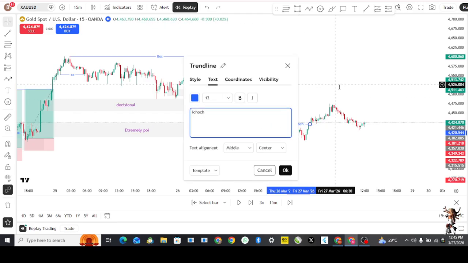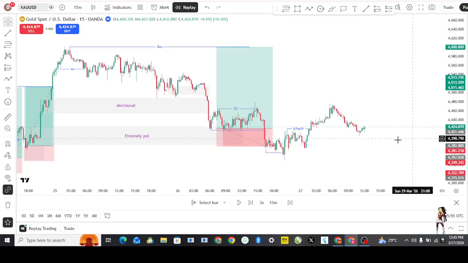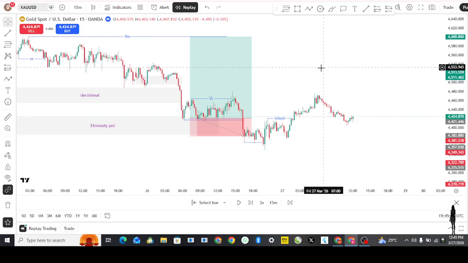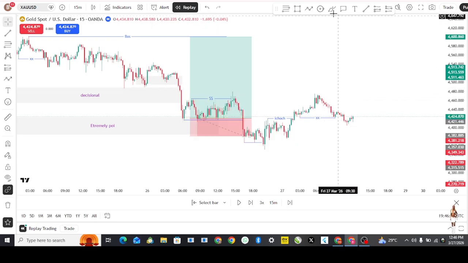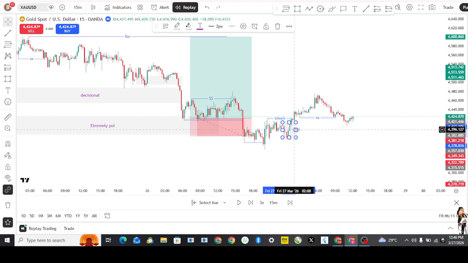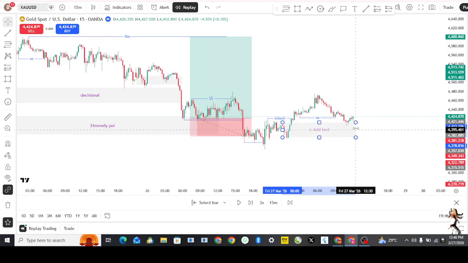After that, we need to identify our recent pullback. This is our recent pullback. Then where is our other block? This is our other block here.